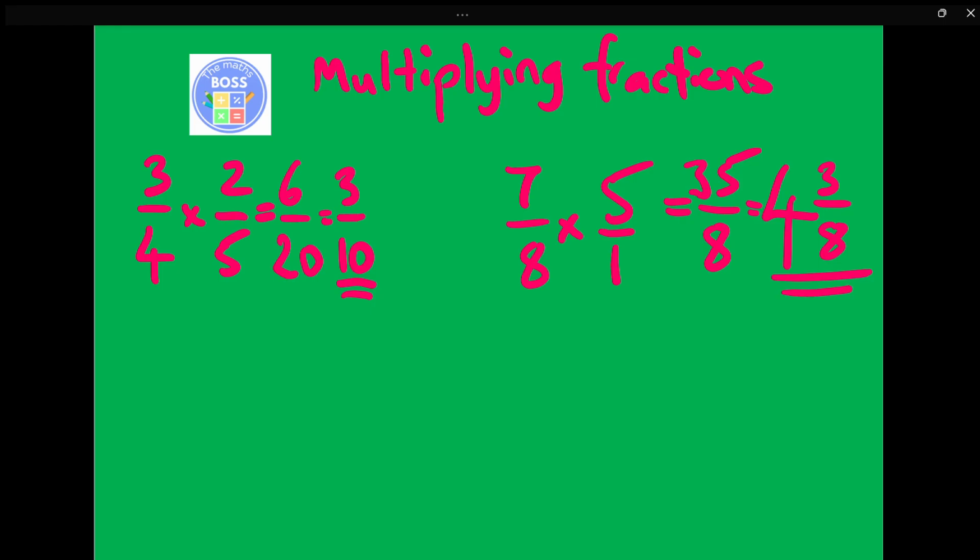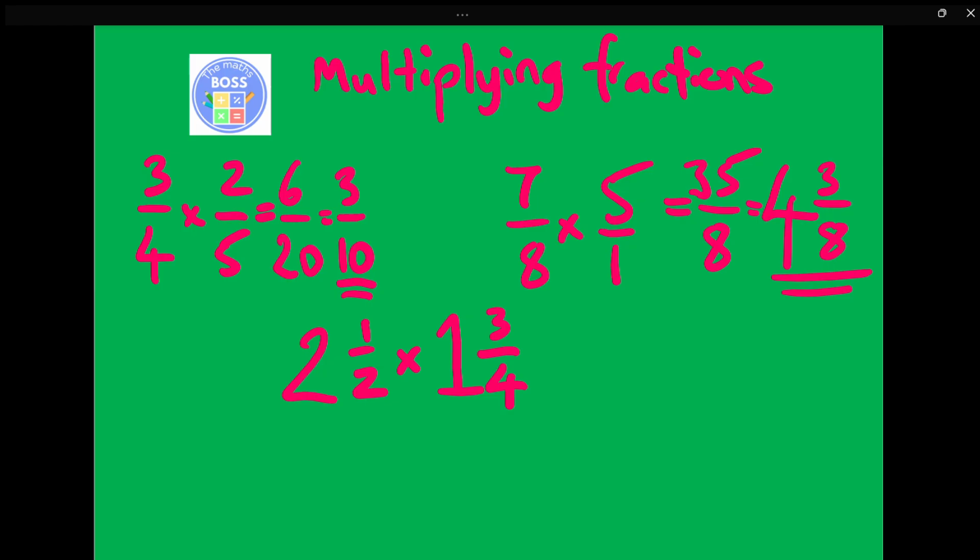Our third case is when we have a mixed number, say 2 and a half, times another mixed number. Let's call it 1 whole one and 3/4. When we have two mixed numbers being multiplied together, we need to change them both to improper fractions to start the question.